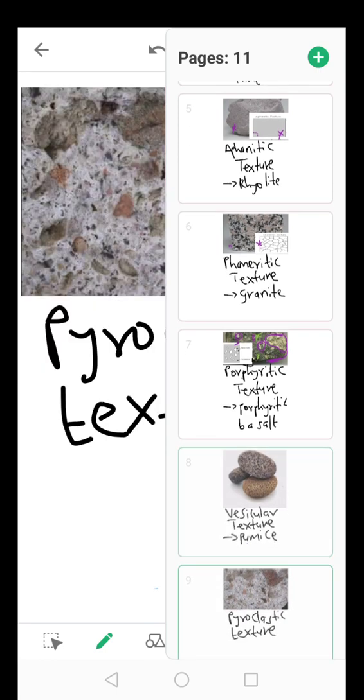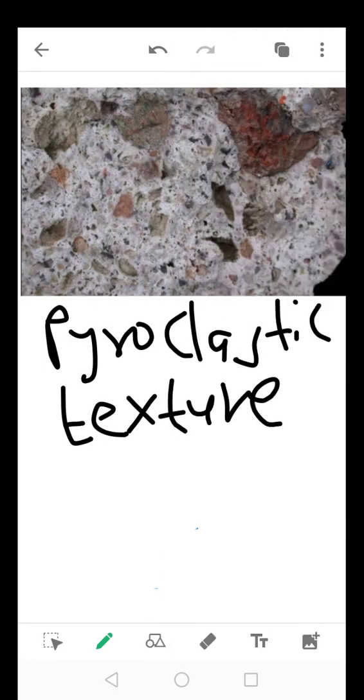And then let's talk about the pyroclastic texture. Do not forget that if the magma has a high gas content and high viscosity, the gas will expand in an explosive manner, or in an explosive fashion.